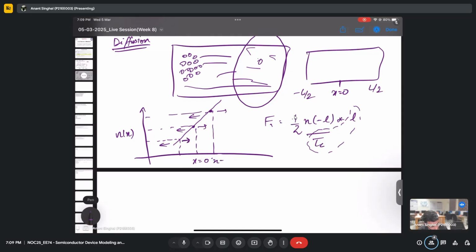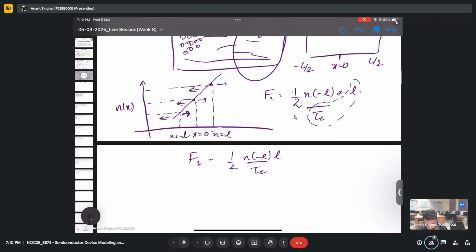I'm writing x equals to L and x equals to minus L. So the probability of an electron coming to this point is half of n at minus L times the total length by the collision constant. If I simplify it, it will be n at minus L times L over tau c.